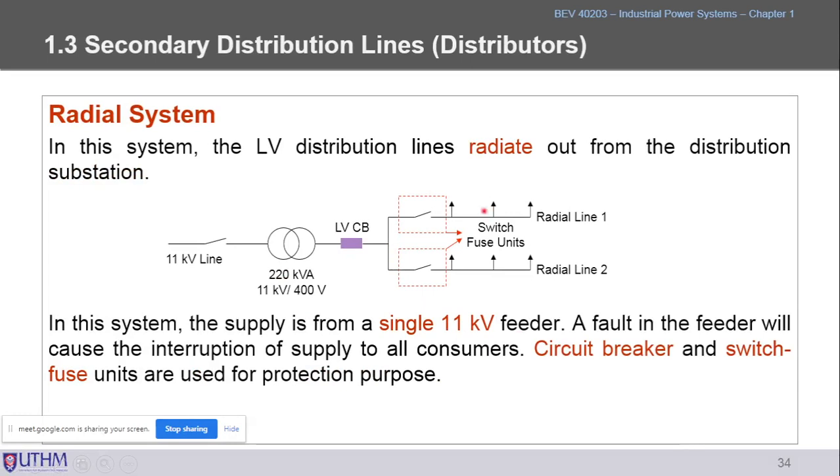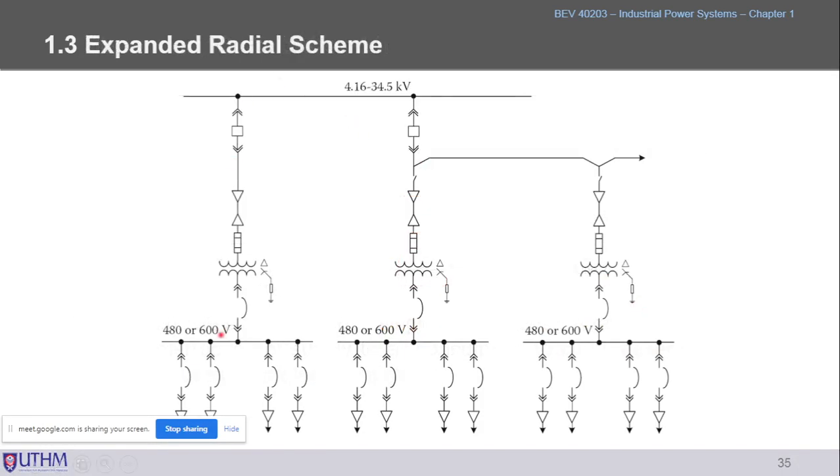Okay, radial is a common one. Radial. So if anything happens in this line, everything will be gone here. So that is the radial, and you have the expanded radial like this one. If you have the transformer here, normally this one is incoming from TMB, for example.